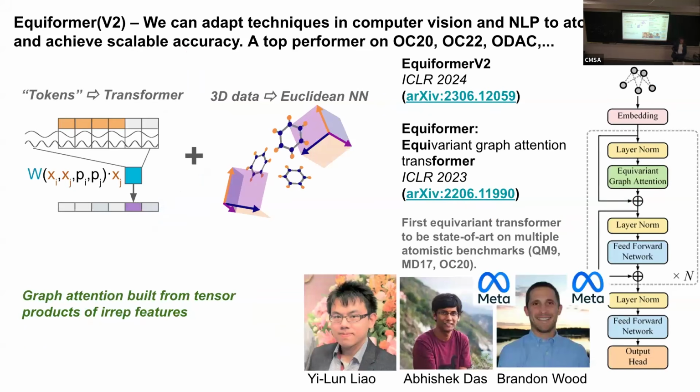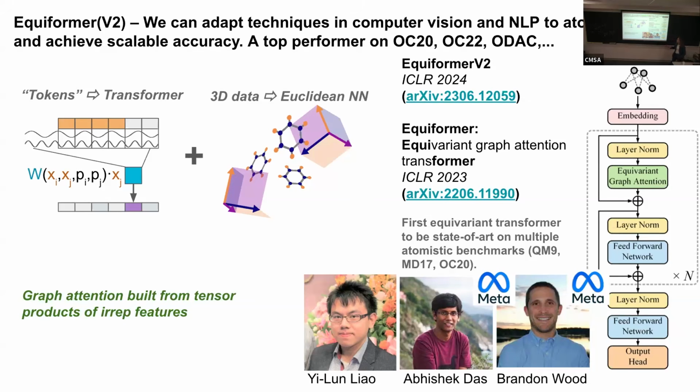In my own group, and with our wonderful collaborators at Meta, we've built a model called Equiformer, throwing our hat into the ring. We're on version 2, soon to be version 3, because there are always improvements that you can make. The idea with this model is that we wanted to make an equivariant transformer that worked well for force prediction. So we're combining the expressive attention aspect of transformers with what you need to preserve 3D equivariance.